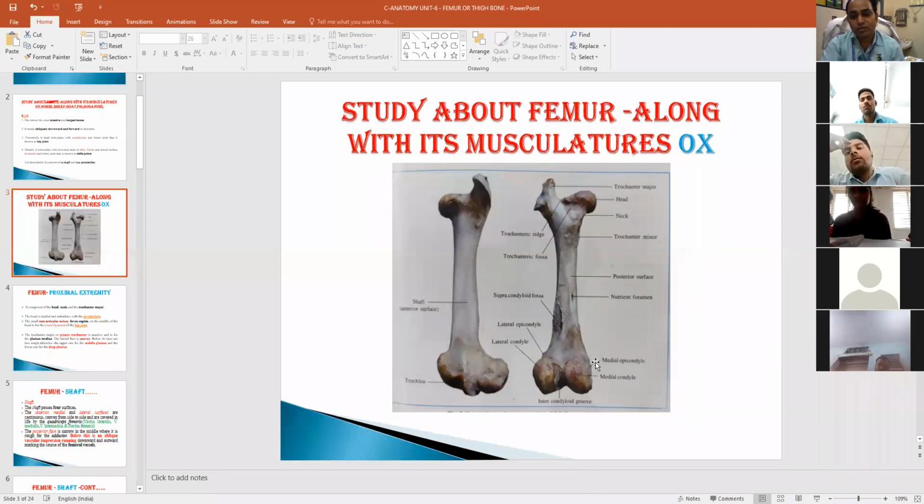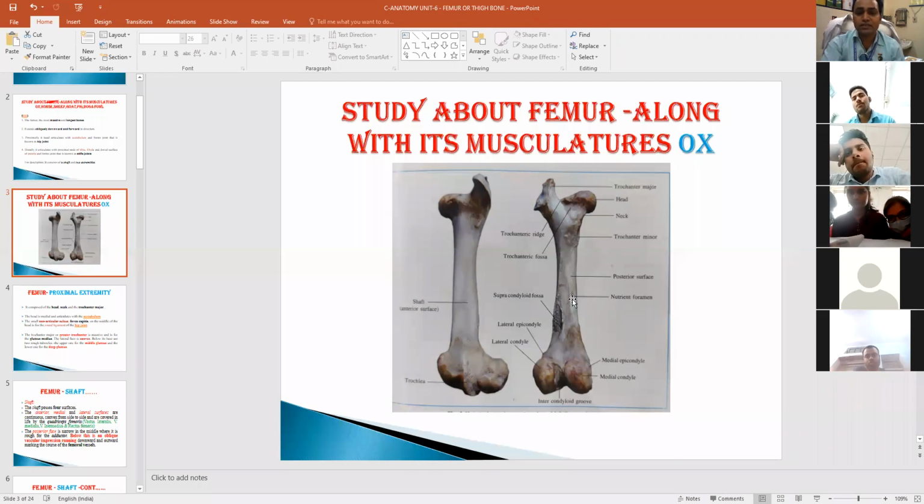Above this condyle, there is a fossa, known as the supracondylar fossa. On its lateral part, this fossa has a crest known as the lateral supracondylar crest. Opposite to this is the medial condyle, and above it the crest is known as the medial supracondylar crest.